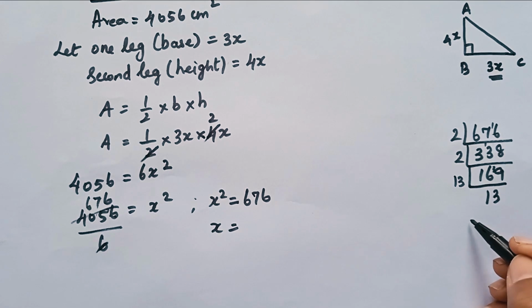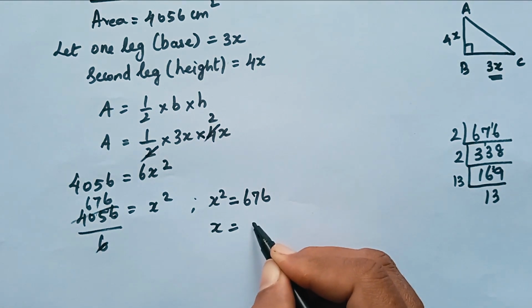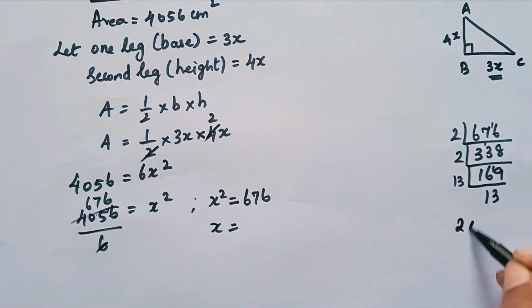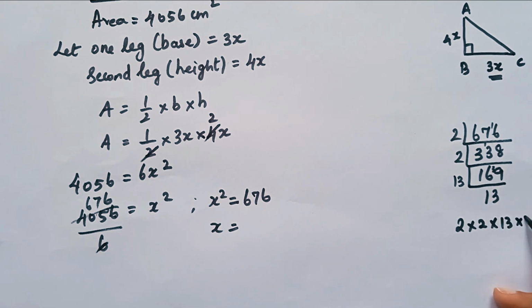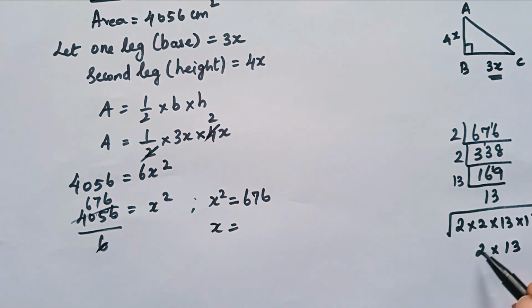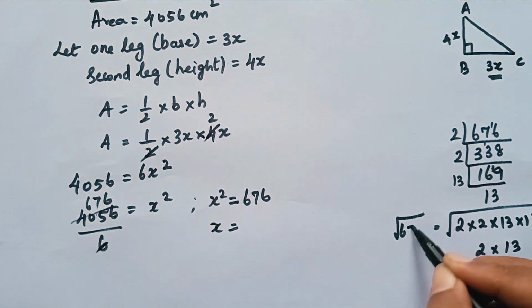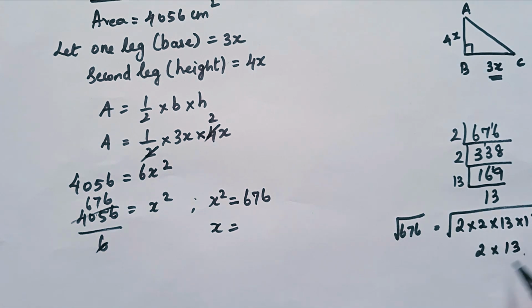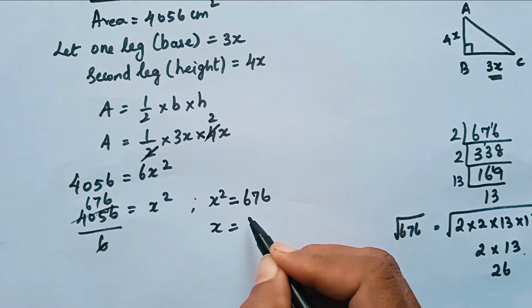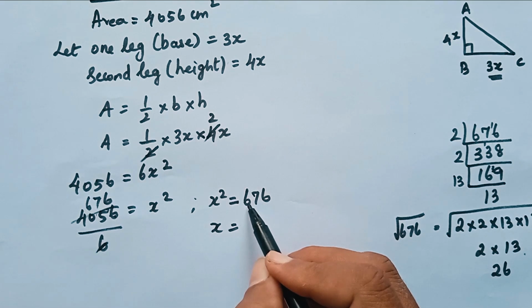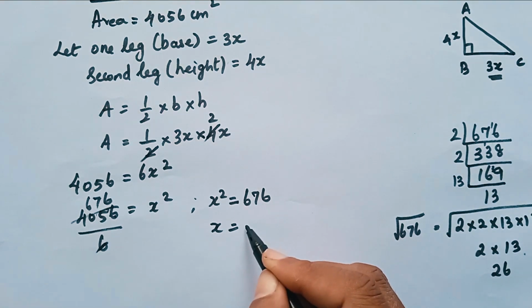So now we got it as 2 into 2 into 13 into 13. When you take the square root, you will get 2 into 13. This is the square root of 676. When you take out, you will get 2 into 13, which is 26. So the square root of 676 is nothing but 26.